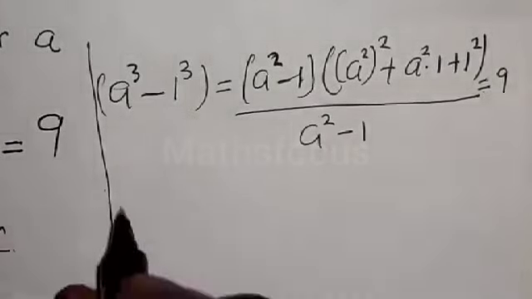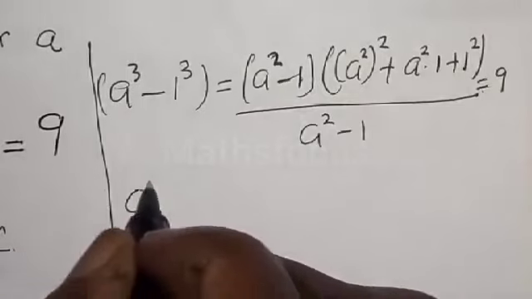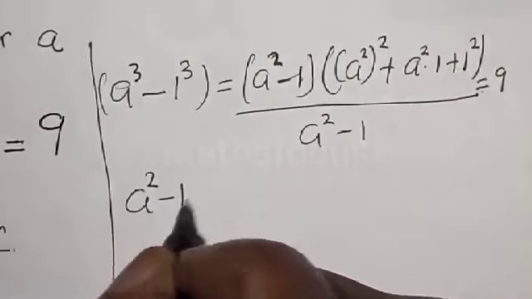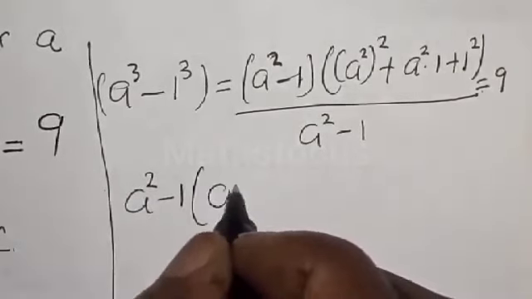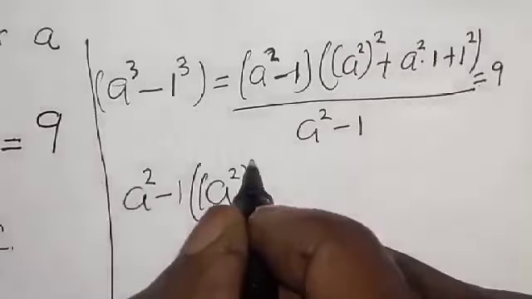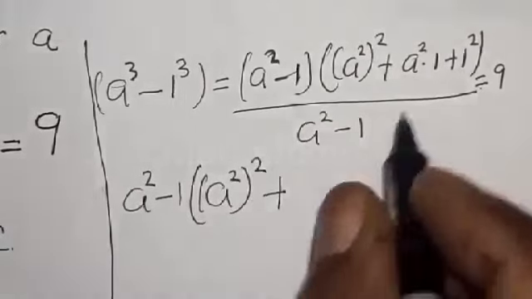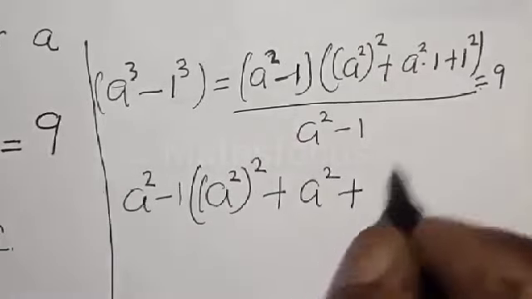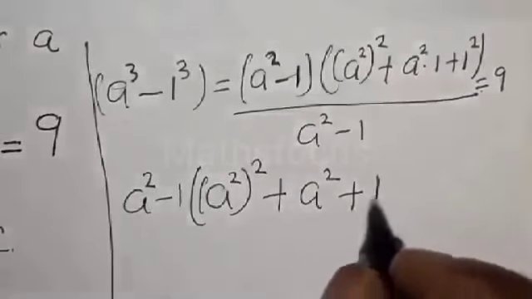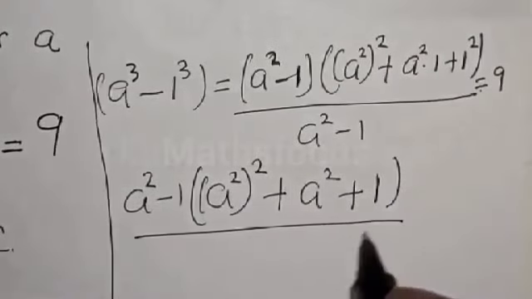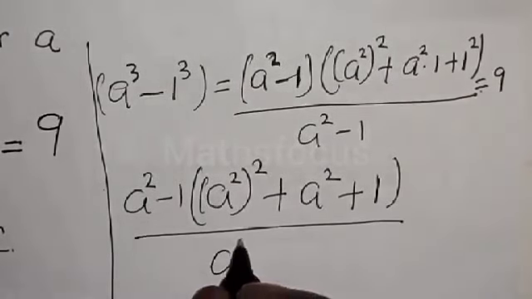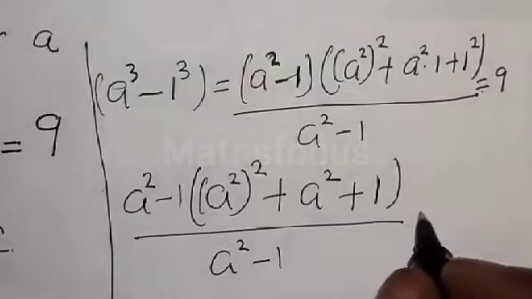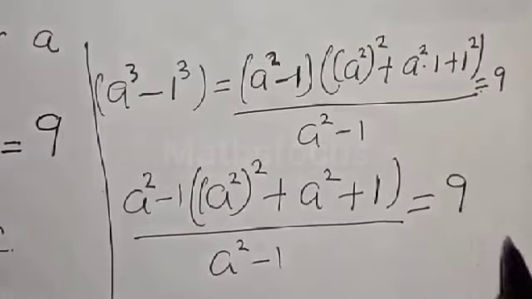Now let's write here. We have a squared minus 1 into a squared squared plus a squared times 1 plus 1 squared, that is 1, divided by a squared minus 1 is equal to 9.